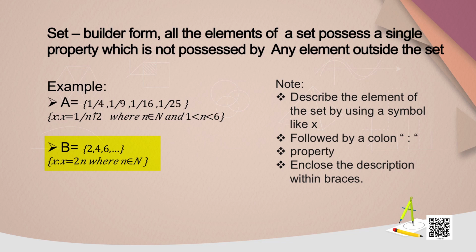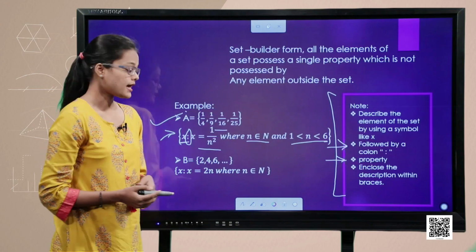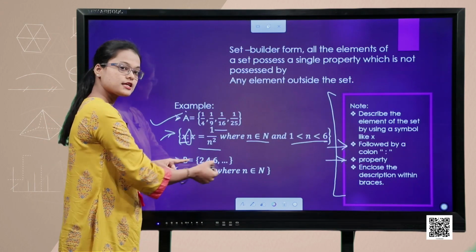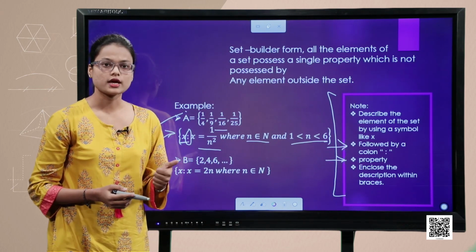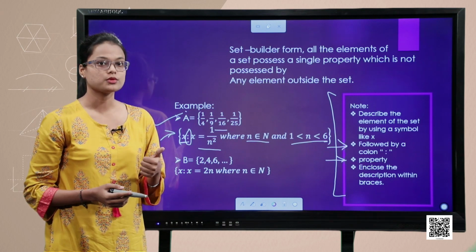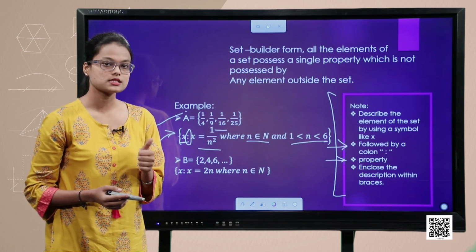Let us take one more example. B is equal to 2, 4, 6 and so on. We can see that this is a set of even natural numbers. So, first we have to write the elements in a symbol.